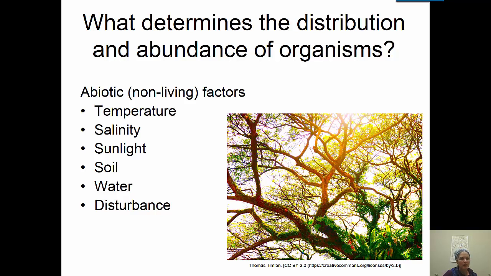So these are things like fire or some kind of hurricane or storm or something like that that will come in and knock out certain organisms in the community. And these are all examples of non-living things that organisms have a range of that they can tolerate, and they're only living in places on our planet where all of these different non-living factors are tolerable for them at the same time.